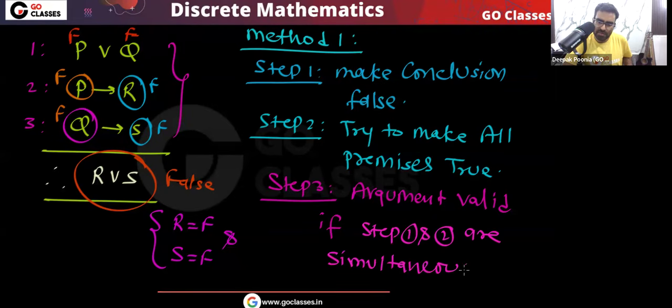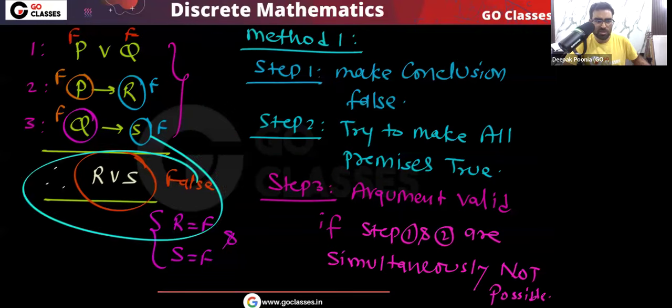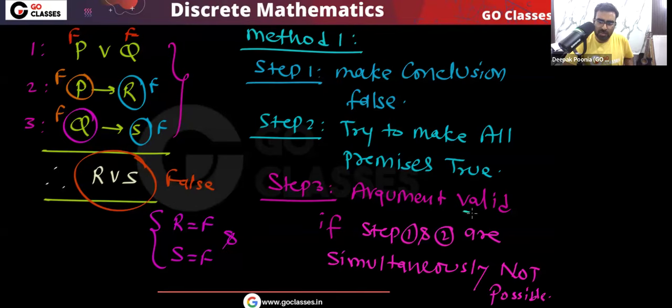And you can see yes, step 1 and step 2 are simultaneously not possible. After making the conclusion false, I cannot make all the premises true. So I can say that the argument is valid. So that's it. Finally we have proven that this argument is valid, or I can say that it is a valid argument.